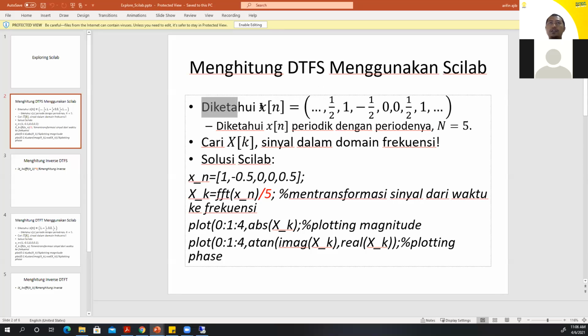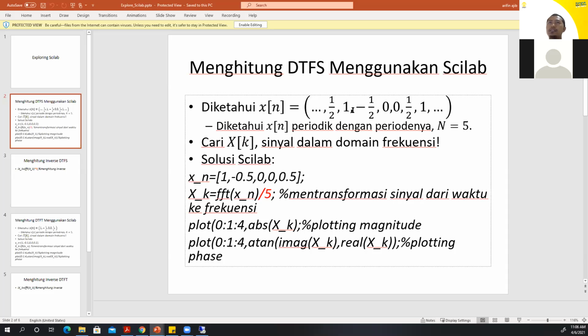For example, given the x[n], from minus infinity to infinity. You can see here the magnitude is 1, minus 1/2, 0, 0, 1/2, and 1.